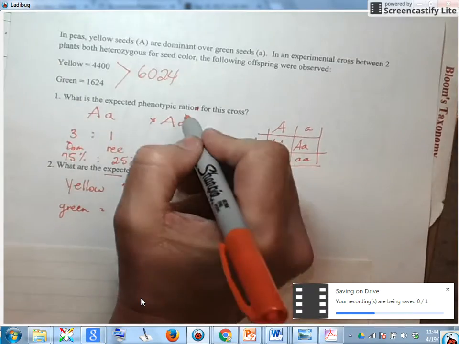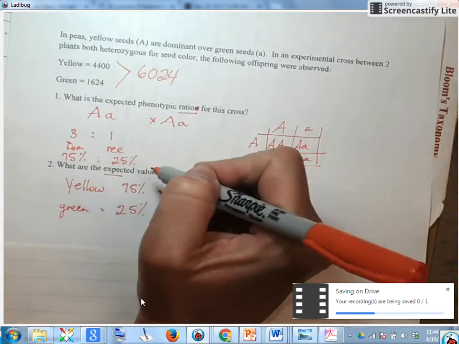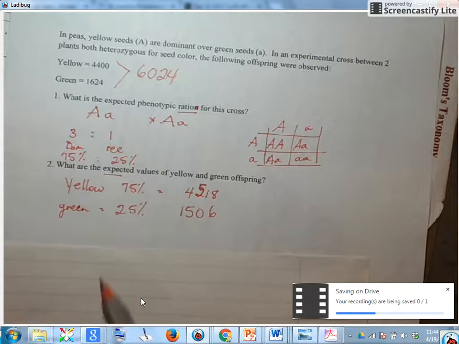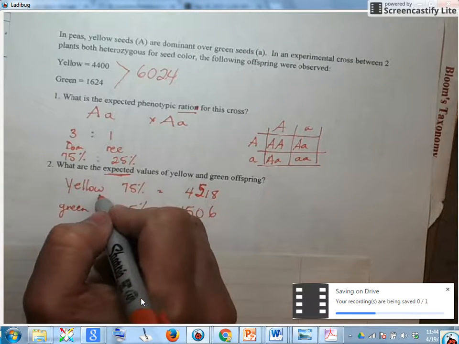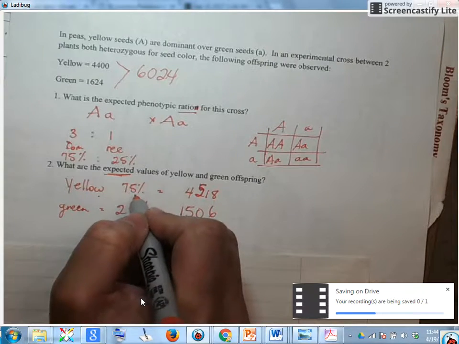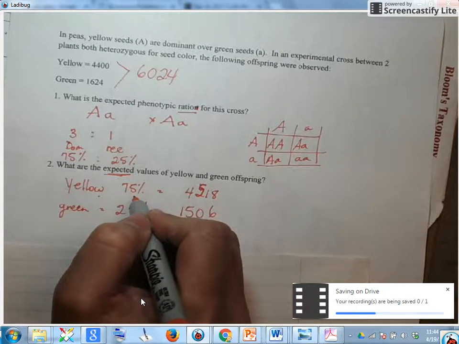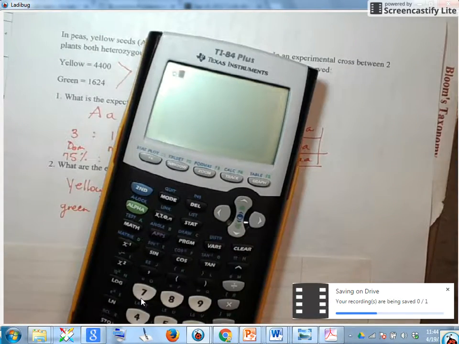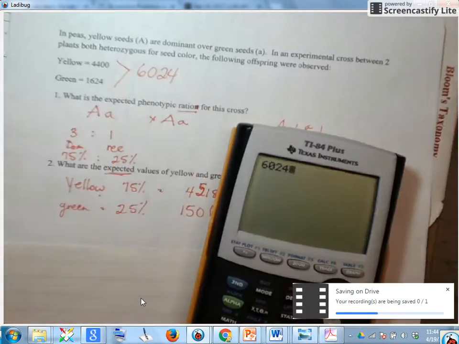Now that we have the expected ratio, we apply that ratio to the actual offspring we got. So expected values, yellow: we said we expect 75%. Well, what is 75% of 6,024? And how did I get that?